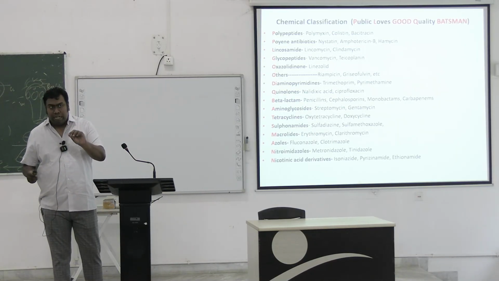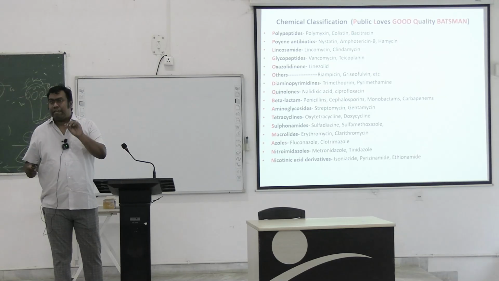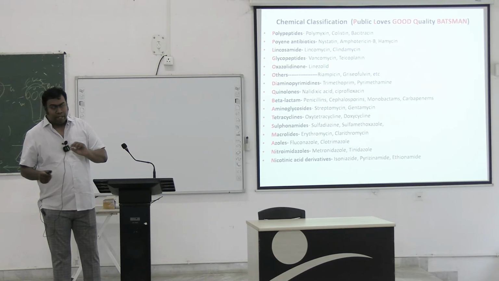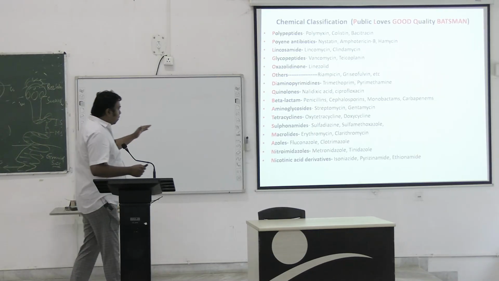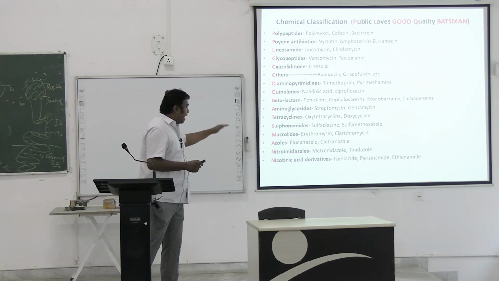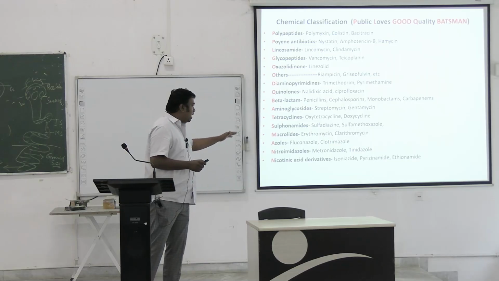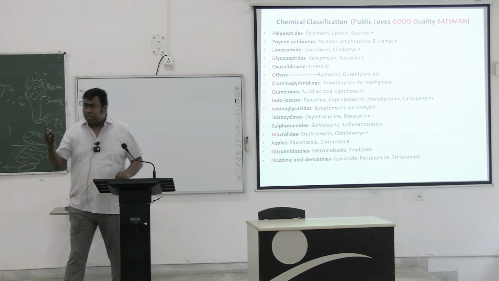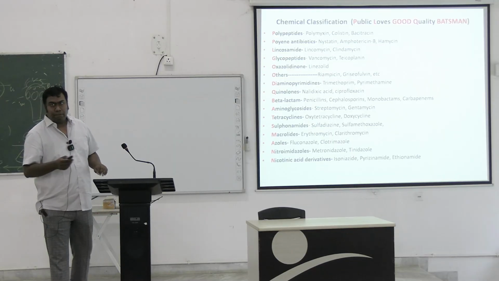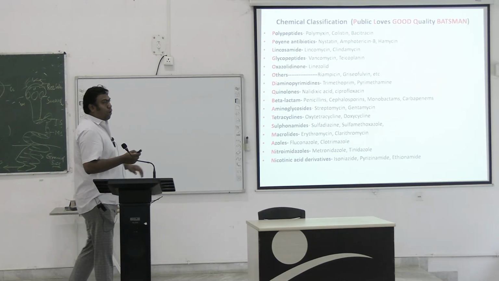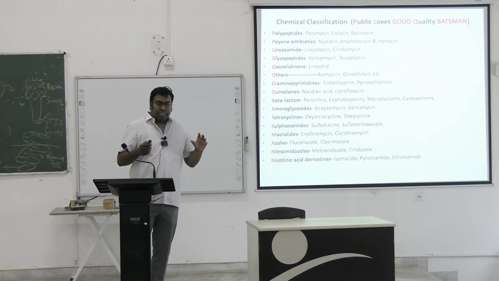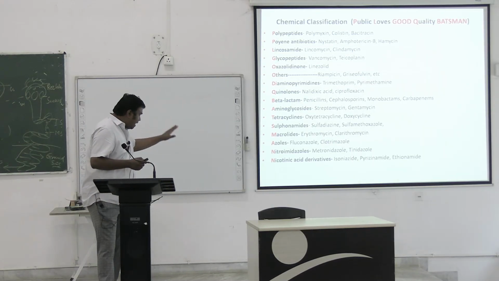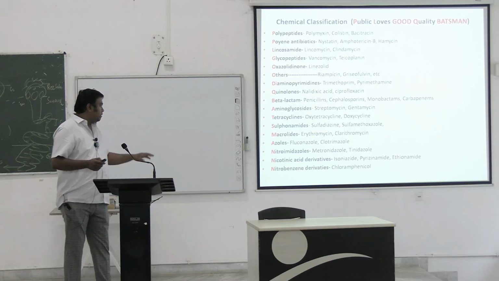Ethambutol is the only first line antitubercular drug which is bacteriostatic. Similarly, most of the first line drugs are nicotinic acid derivatives like isoniazid, pyrazinamide, ethambutol. Which one is not? Rifampicin. Rifampicin, among all first line antitubercular drugs, is not a nicotinic acid derivative.